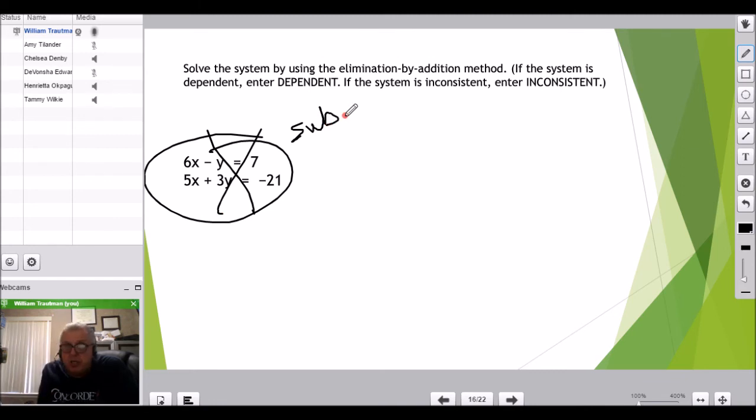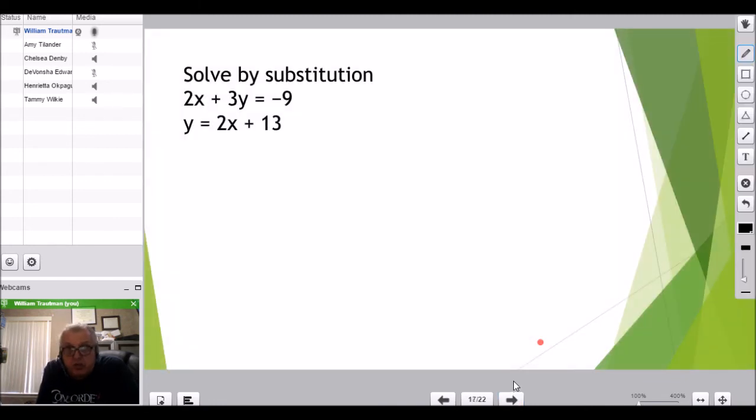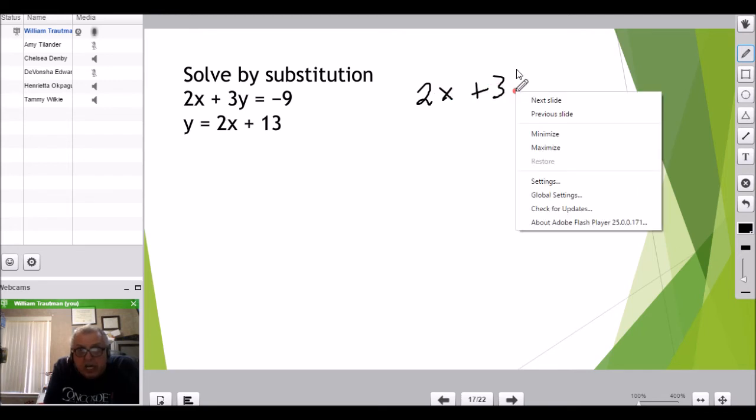I could, but it's not preferred. Yes, thank you, Chelsea. Because we have y equals. If y is by itself, then we could substitute y for 2x plus 13. So that's why the substitution method. In other words, everywhere we see y in the top equation, 2x plus 3 times y.